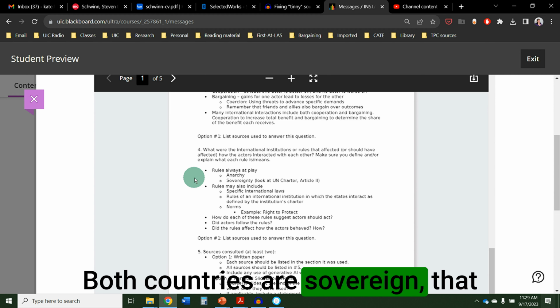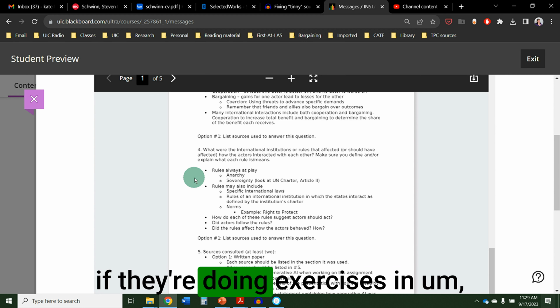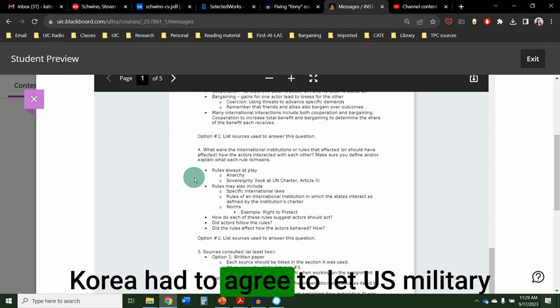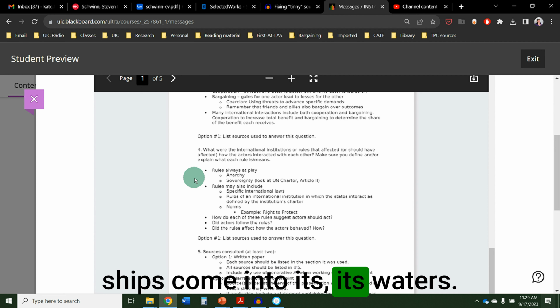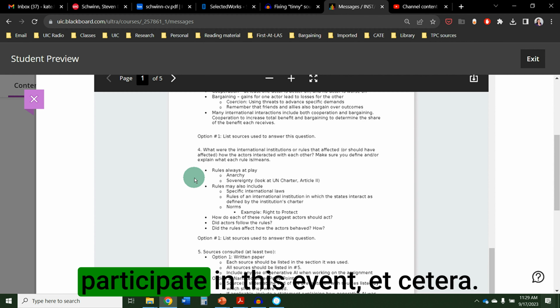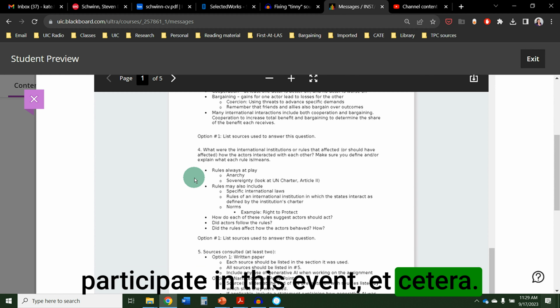Both countries are sovereign, so if they're doing exercises in South Korean waters, then South Korea had to agree to let US military ships come into its waters, and neither side could make the other participate in this event.